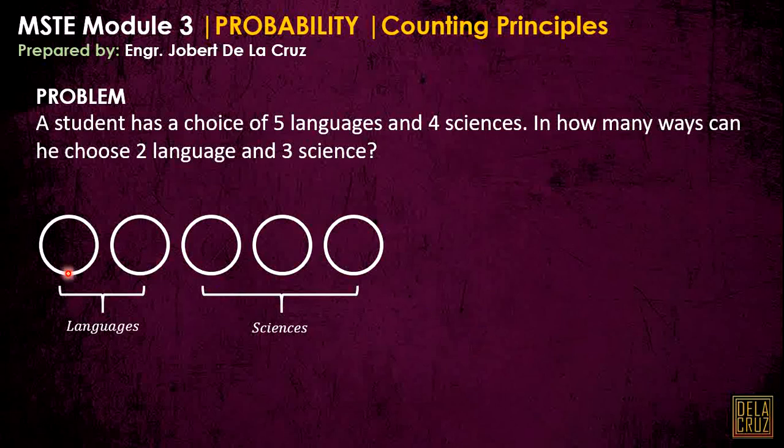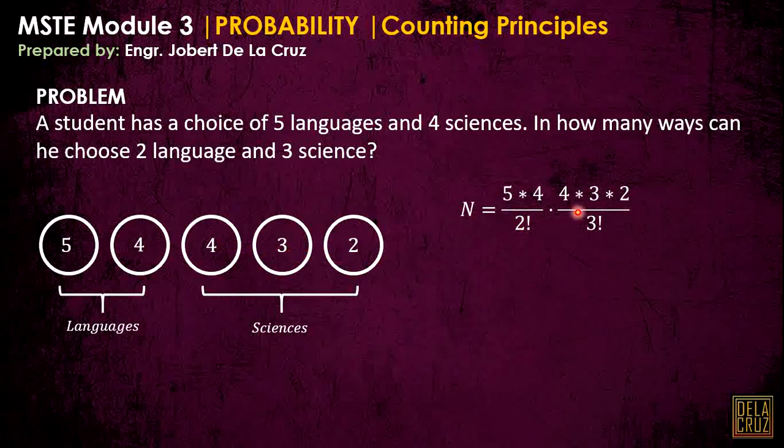Okay? So in this case, we can just simply say that for the languages, we have 5 na pagpipilian. So in this position, that should be 5. Then, of course, 4 na lang dyan. Okay? Hindi pwedeng maulit yan. Of course, no? Yan yung pagpipilian natin. Then, for sciences, we have 4 initially. Then, we have 3. And we have 2. Okay? Or the total number of ways here. So, let's start with this one. That should be 5 times 4. Okay? Of course, since that is identical, we should divide that by that identical spaces or 2 factorial.